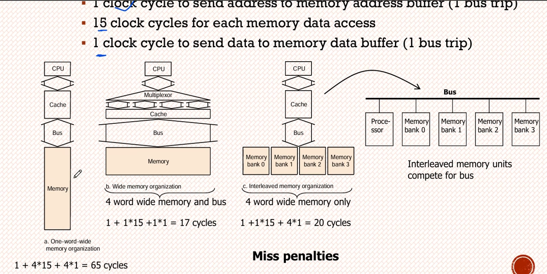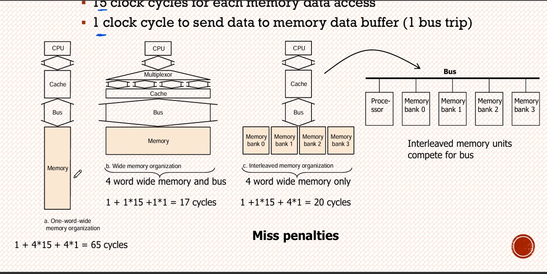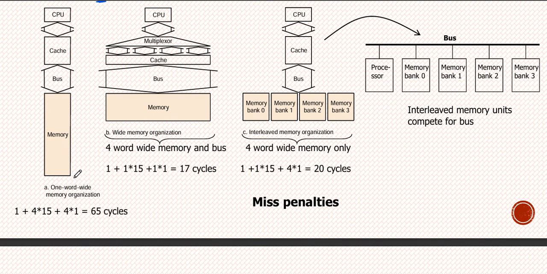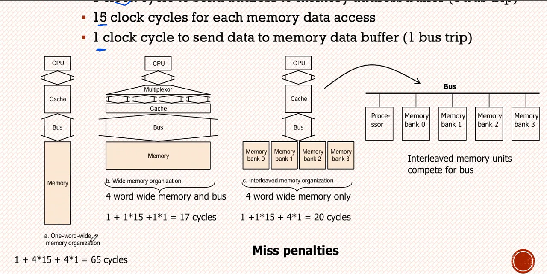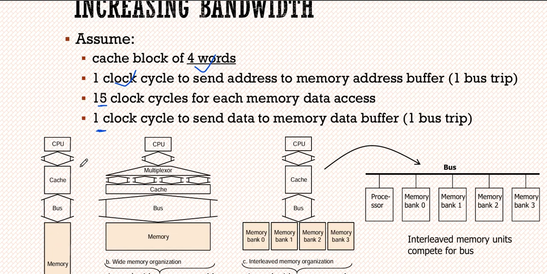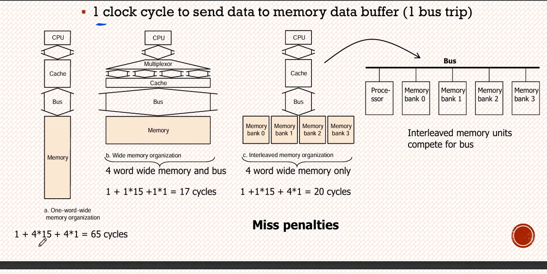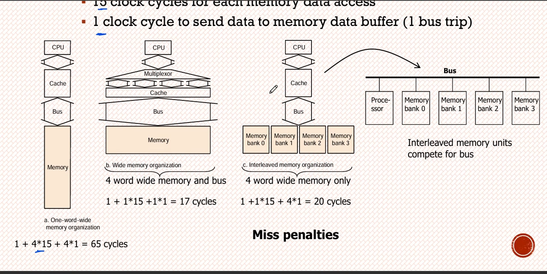So now with these things in mind, if you have a four-word block, you realize that when you are dealing with this organization, which is a one-word wide memory organization, where the bus is one word, because you are fetching four words at a time for the cache, right? You need 4 times 15 data accesses, right? Because you send it one by one. So you need 4 times 15.